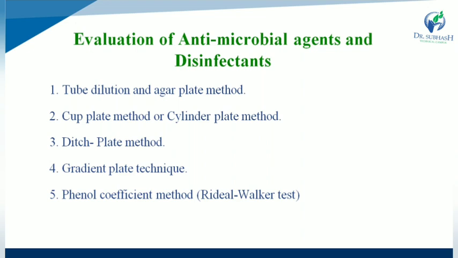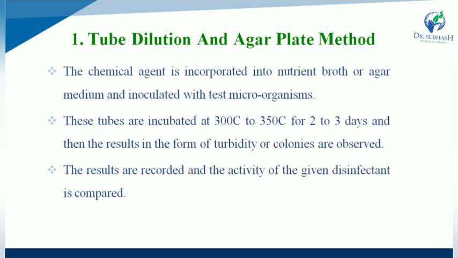So first one, tube dilution and agar plate method. In the tube dilution and agar plate method, the chemical agent is incorporated into the nutrient broth or agar medium and inoculated with the test organism.